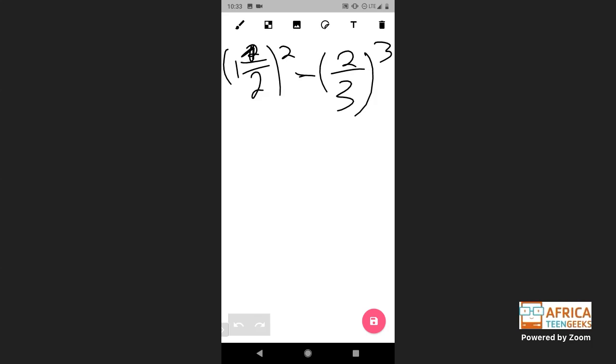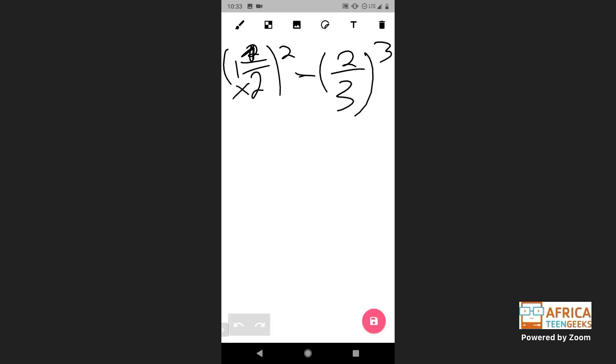So we need to calculate these fractions right here, guys. Before we calculate, we need to convert our mixed fractions to proper fractions, so we can work with similar fractions.